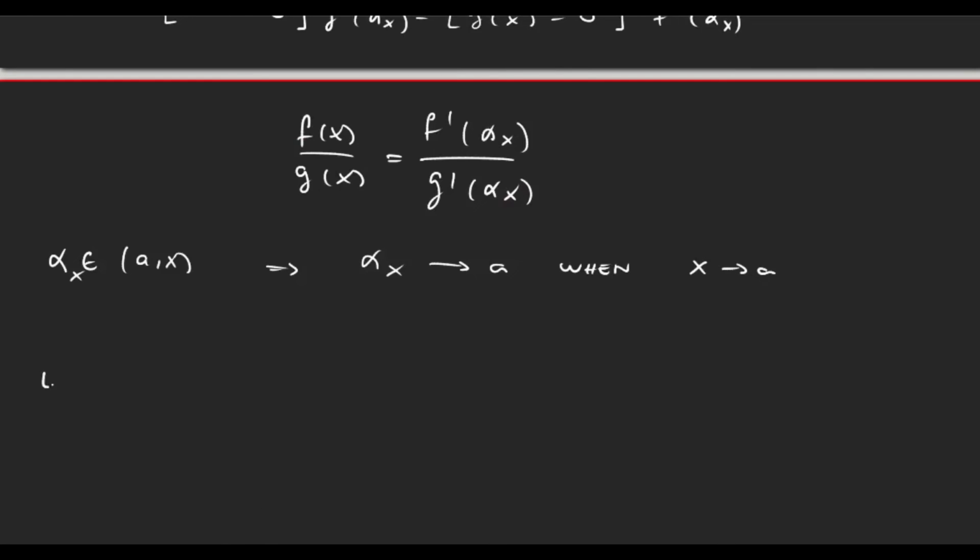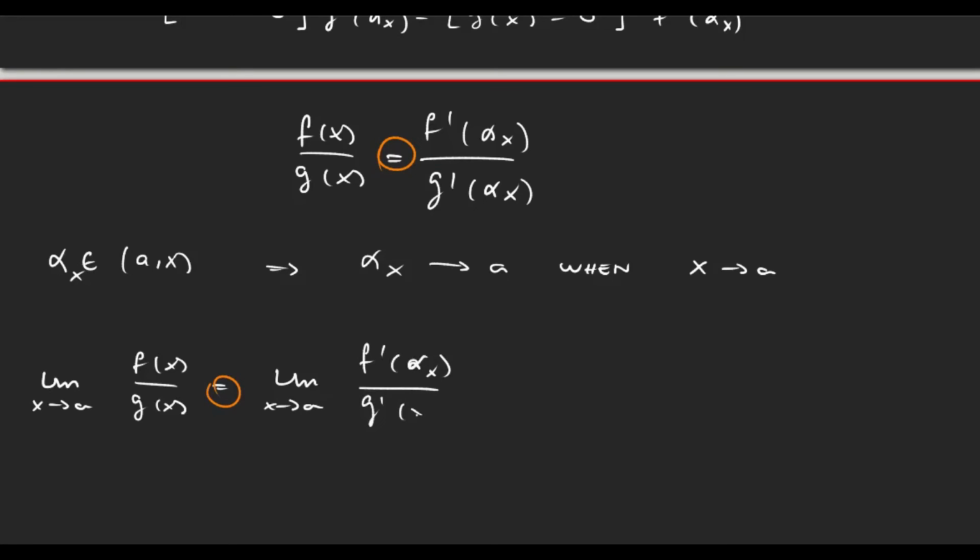So then the limit when x tends to a of f divided by g is, because of what we have here, this equality, going to be the limit of f prime in alpha x divided by g prime in alpha x.